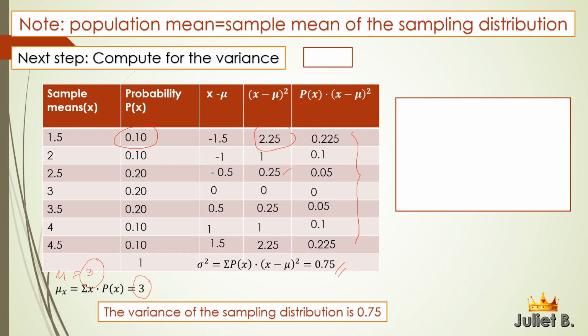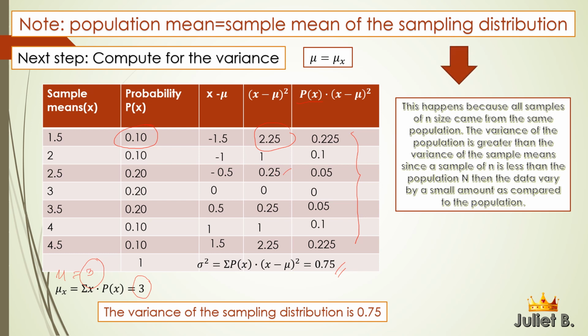Earlier, the population mean we got was 3. The sample mean we got was also 3. Under the property of the sampling distribution of the sample mean, they have the same mean. This happens because all samples of size n came from the same population. That's why the mean of the population and the sample mean are the same, since it's the same data.